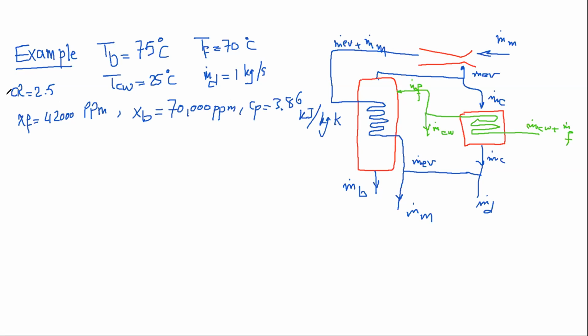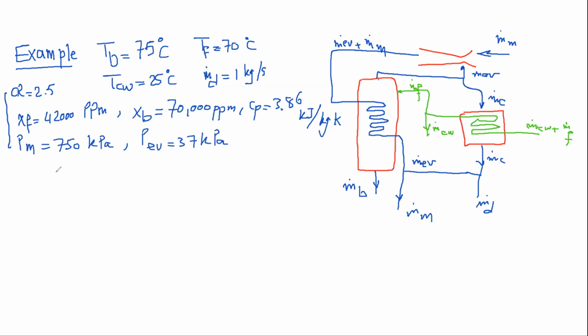Again, related to the ejector, the motive steam pressure is 750 kilopascal. The entrained vapor pressure is 37 kilopascal. You see here it's much less than the atmospheric pressure.